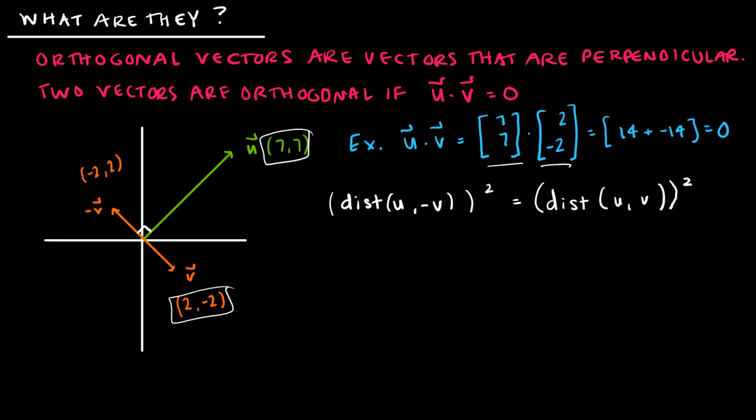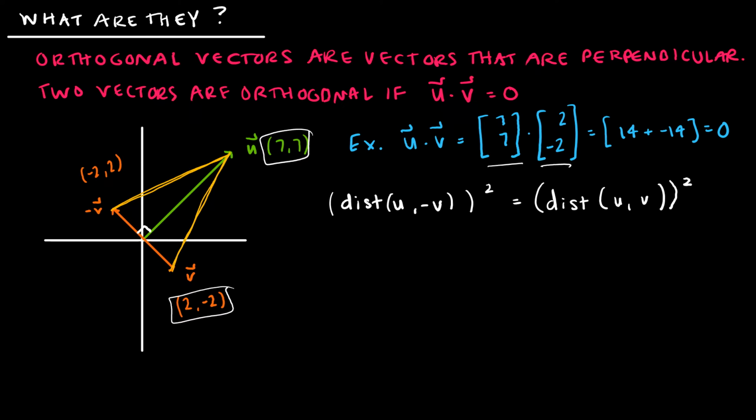But where did that come from? How do I know that the inner product must be equal to 0? Well, if I look at my picture, it's clear that the distance from u to v should be the same as the distance from u to negative v. So essentially what I'm going to do is find this length and square it, and this length and square it, and those two things should be equal to one another.